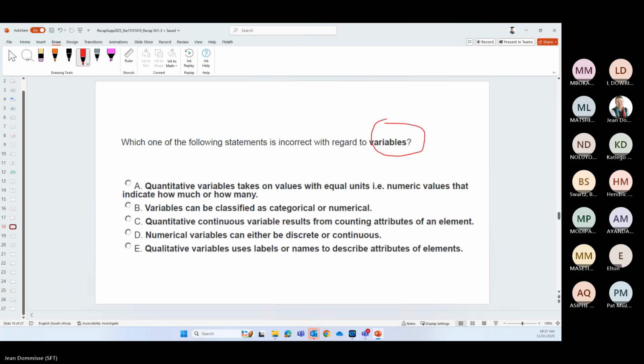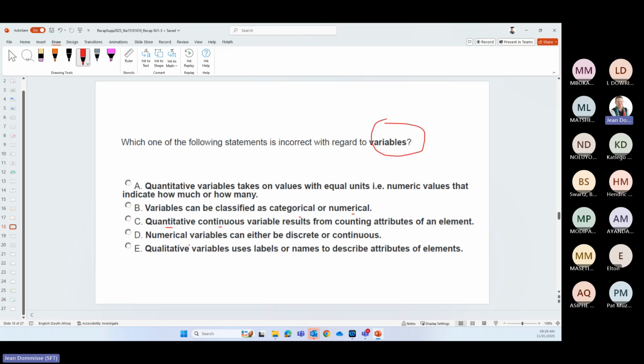So we've got categorical, numerical, so that's for one level. Then we go down to quantitative continuous, so that's the next level. Numerical, then qualitative. So in this question, we go in at the top level and then we break it down a bit.